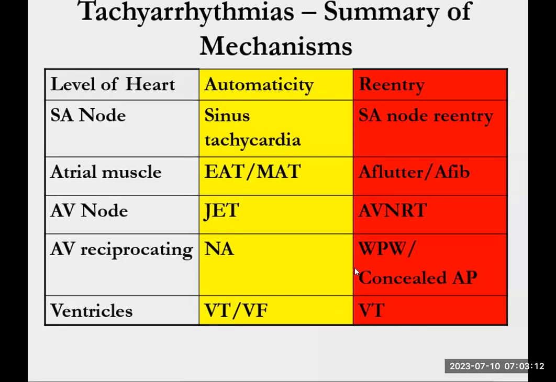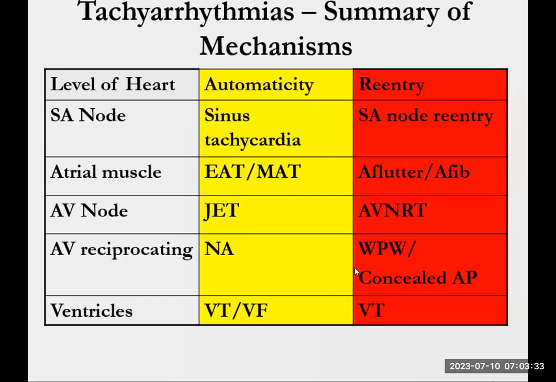Atrial flutter and atrial fib are both reentrant arrhythmias from the atrial muscle. At the level of the AV node and the His-Purkinje system, JET is the most common automatic arrhythmia, and AV nodal reentrant tachycardia is the more common reentrant arrhythmia.